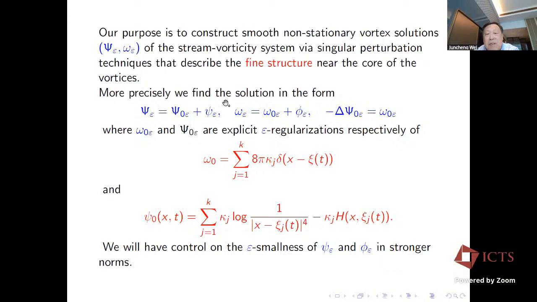More precisely, we found a solution of this form, where psi is psi zero plus a little psi, with this Poisson equation, and omega zero and psi zero, the explicit recognition of these Dirac measures.